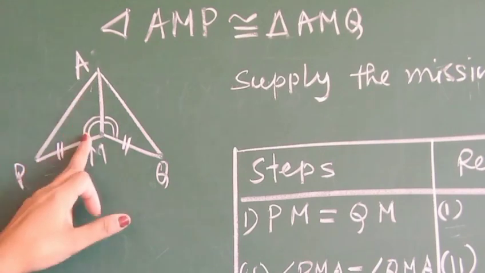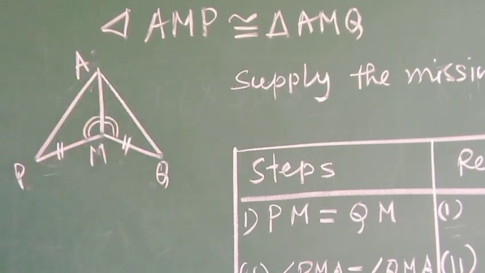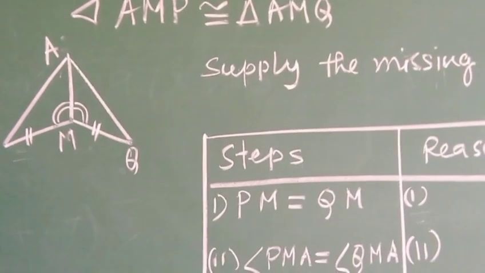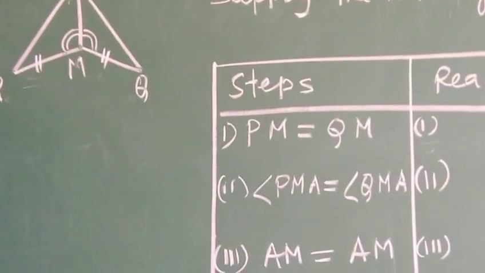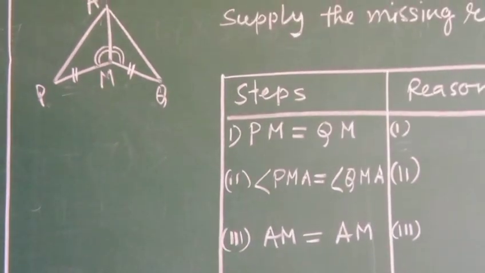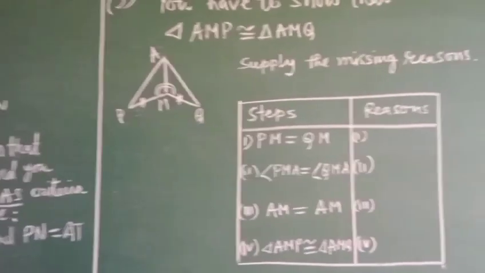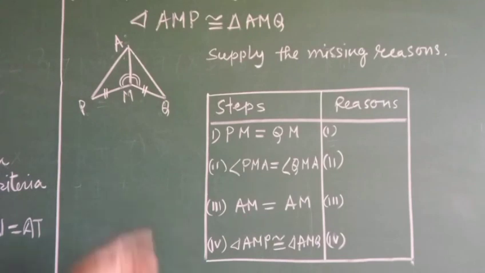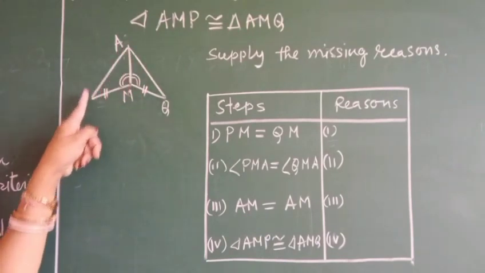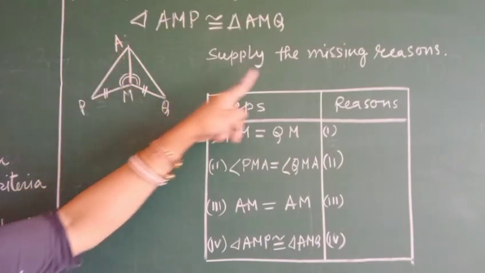You have to show that these two triangles are congruent. So supply the missing reasons. Reasons are missing here, so you have to find the reasons from this question. Now can you see the question properly? See, AMP congruent AMQ, supply the missing reasons.